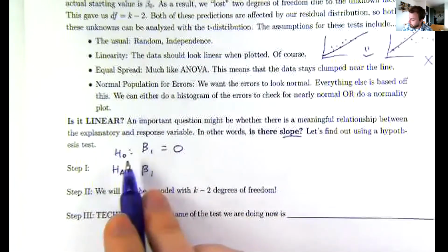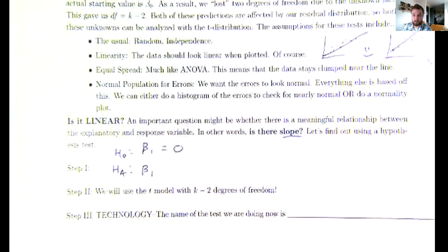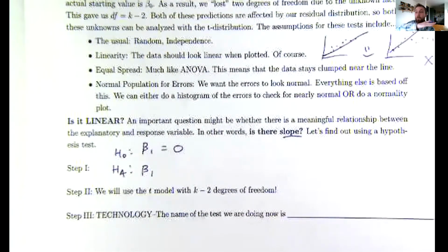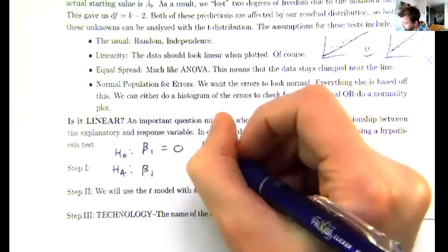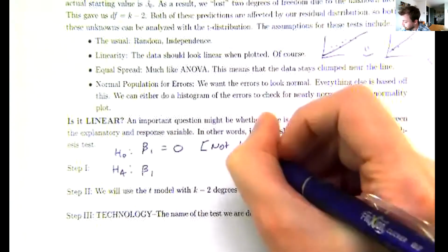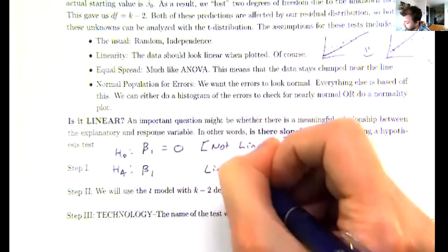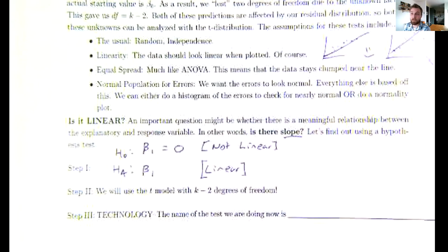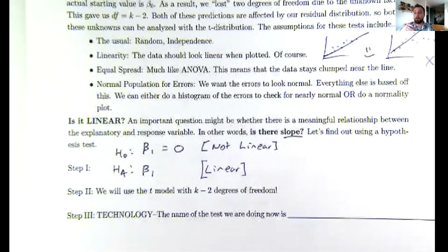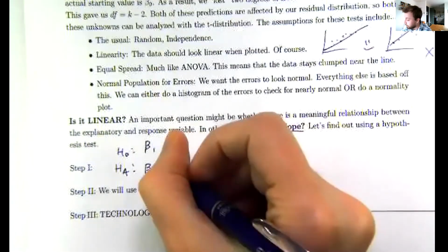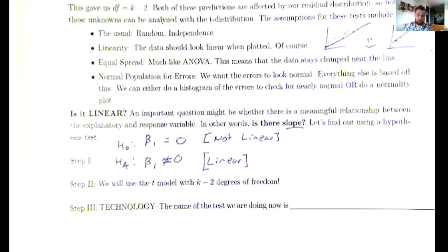This is saying the null hypothesis is I'm claiming that the population slope is equal to 0. In other words, that would tell me that there's no relationship between the variables, that it's flat. So for the null hypothesis, I'm assuming that it is not linear, and I will need evidence to show that a linear relationship exists. And whether that line goes up or down is irrelevant to me. I'm really just wondering if there is any slope whatsoever, if that slope is different than 0.